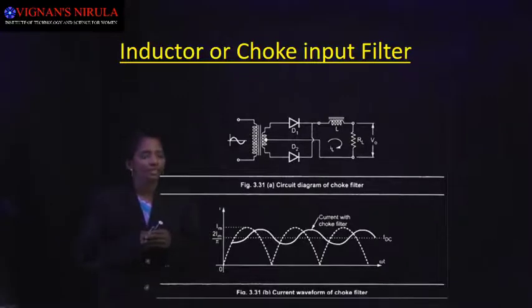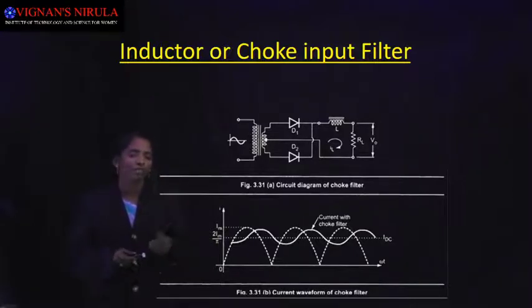So this inductor allows DC and blocks AC. That means for higher frequencies it offers high impedance, and for lower frequencies it offers low impedance. Lower frequencies means the DC component, for which it offers low impedance. For the AC component, it does not allow it to reach the output. But for the DC component it acts as a closed switch and allows the DC component through the inductor to reach the output.